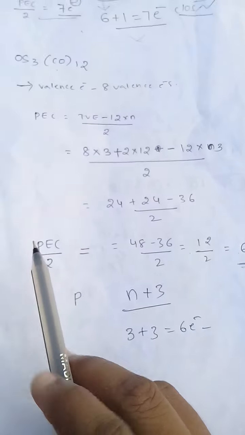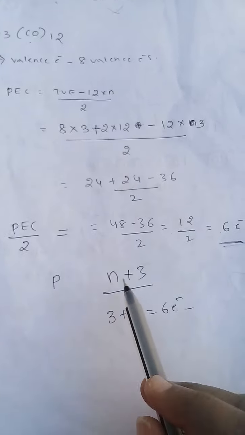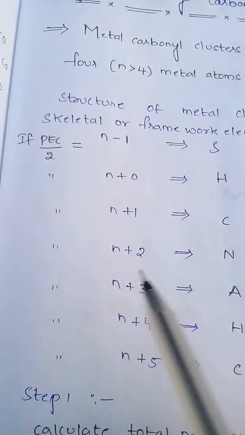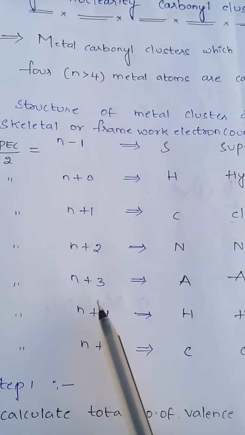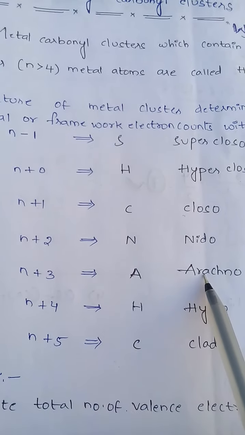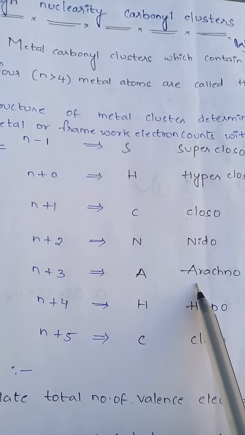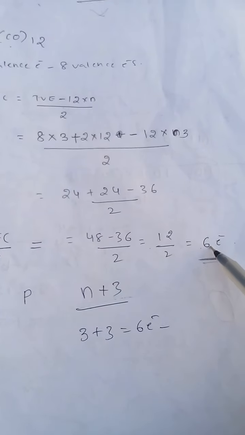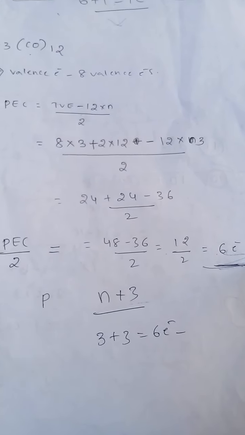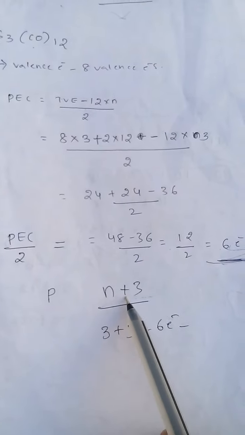So if PEC, polyhedral electron count by 2, equal to n plus 3 means arachno. Why are we saying arachno? This Os3(CO)12 has 6 electrons. These 6 electrons are equal to n plus 3. Why?